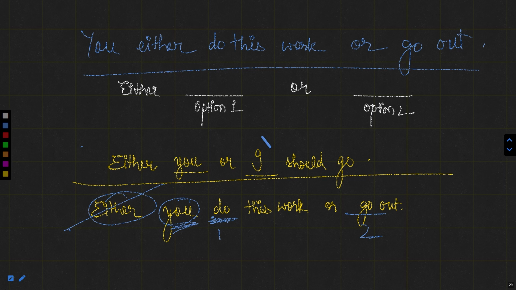Either or suggests the options, that whether do this work or that work. So the main function of either or is only to show the options. And if a word which is not an option is preceded by that particular word, that means the structure of the sentence is incorrect. So this is also the case of neither nor, and not only but also. So we have to look for the pairs there as well.